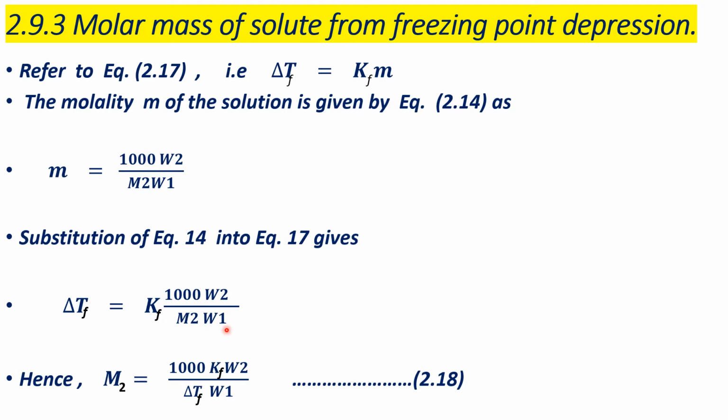Hence you simply calculate M2. M2 is equal to 1000 into Kf into W2 upon delta Tf into W1. That is equation number 18. With the help of this equation, you can calculate M2, the molar mass of solute, from freezing point depression. Next slide.